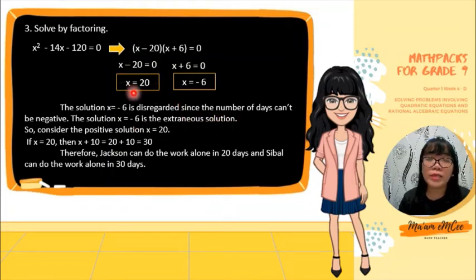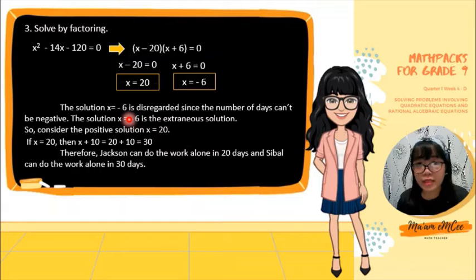Remember, we have represented x to be the number of days it will take Jackson to finish the job working alone. So we cannot have a negative value because we are talking of the number of days, and we don't have such a thing as -2 days, -3 days, -6 days, etc. So the solution x is equal to -6 is the extraneous solution.